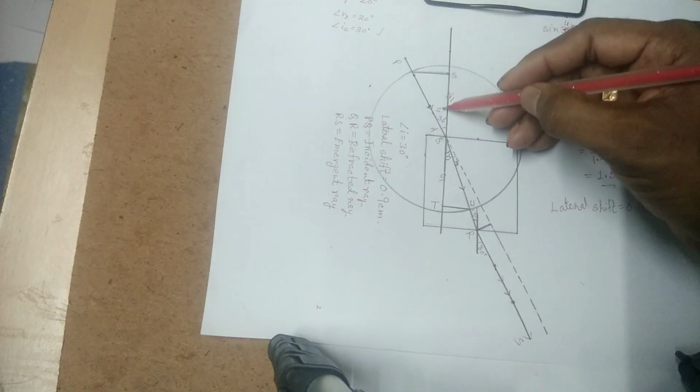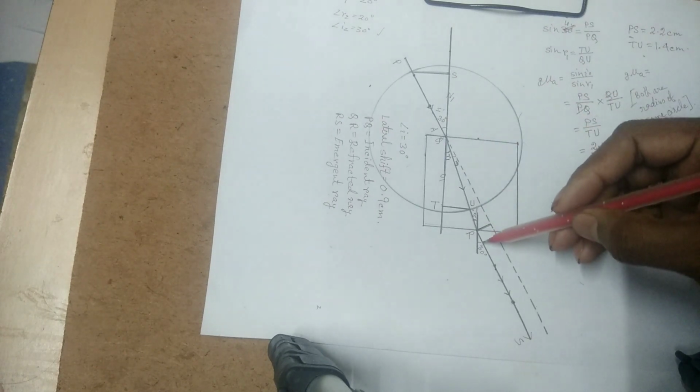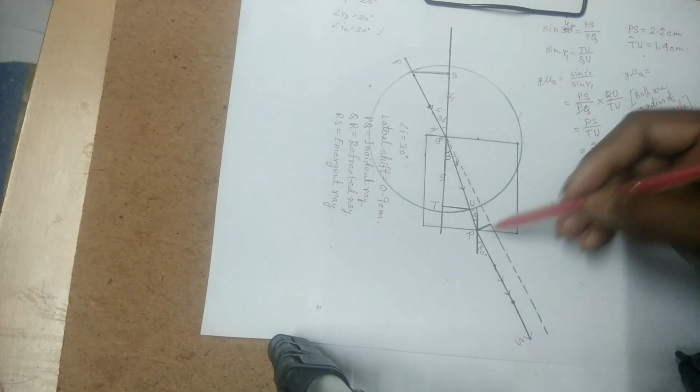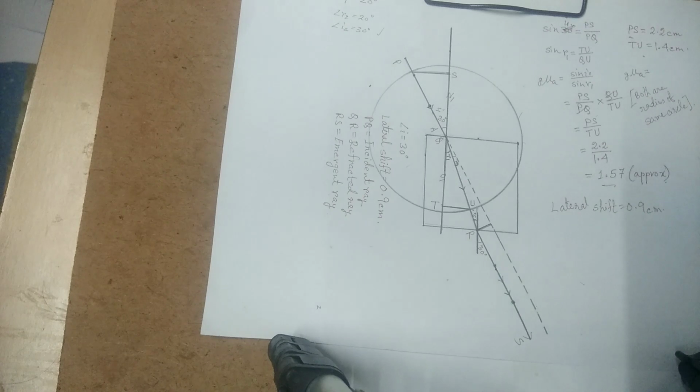That is, angle of incidence and angle of emergence are the same. Right? Therefore, this experiment is correct, and we find the refractive index as 1.57 and lateral shift is 0.9 centimeter, right?